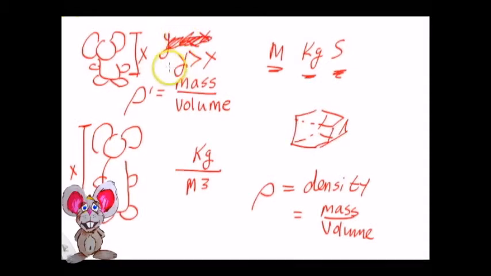If he has N atoms in this taller body, and N atoms in this shorter body, Y is going to be a greater density than X, because we're packing more atoms into a smaller three-dimensional space. And that's what density is.